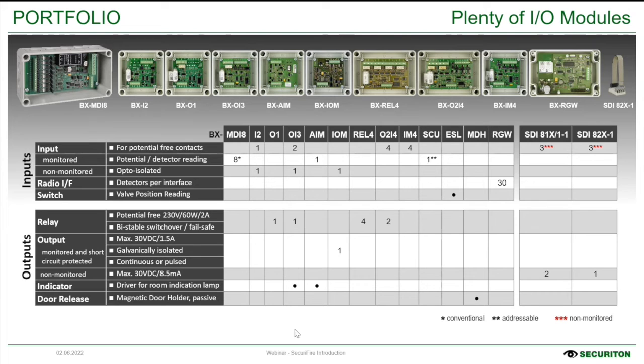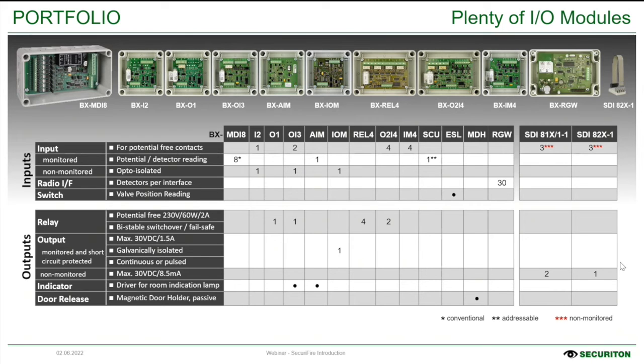From the left-hand side, we have the BX MDI8 with either 8 monitor inputs or again 8 conventional lines on the loop with up to 32 detectors connected. The BXI2 provides 2 monitored inputs. The BX01, 1 relay contact.